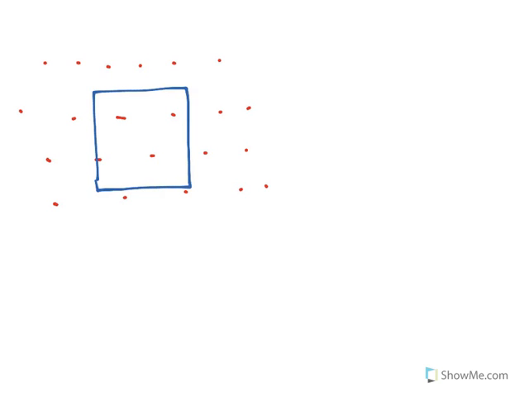Similarly, we have a magnetic field, and the rectangular coil is placed in the magnetic field. Let's make it look more like a rectangle.